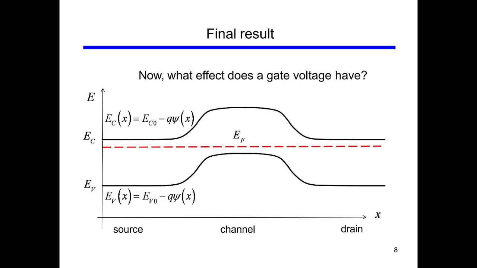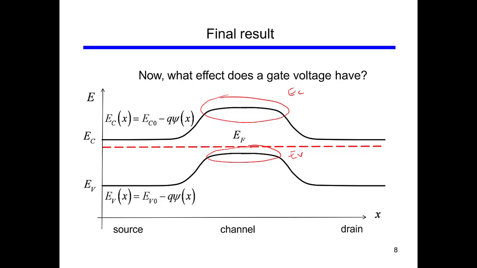You see, this top is because the conduction band of the channel has moved up. Okay, and this is because the valence band of the channel has moved up.